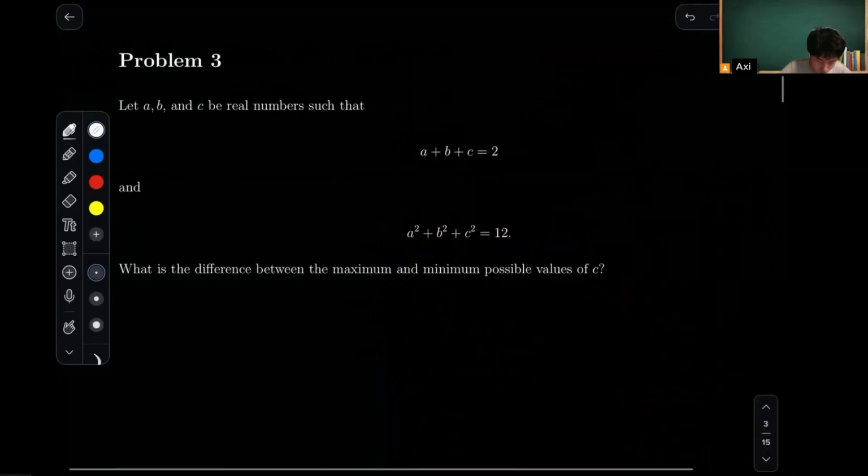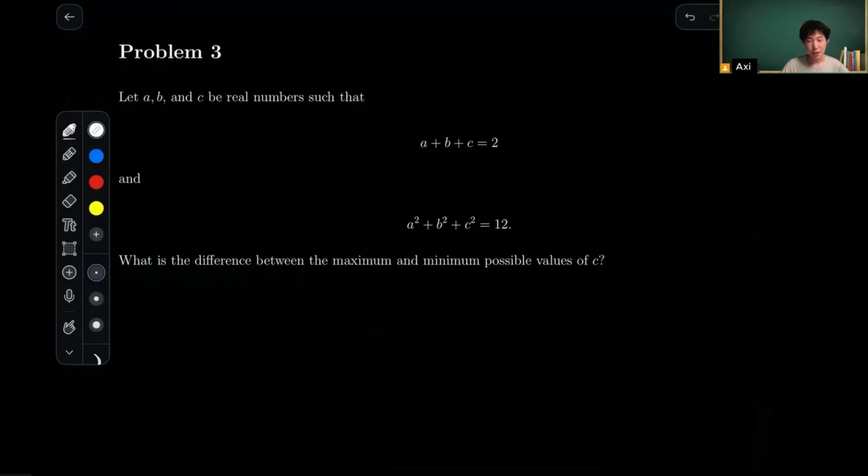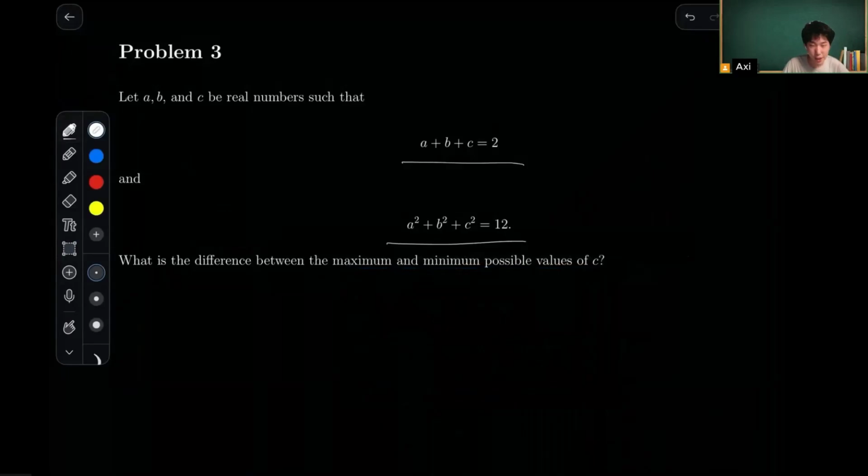Next, let's look at something not very function related, but also related with graphs. Essentially, the problem is asking, we have information like this. We're supposed to find the maximum value and minimum value of C. Let's do some manipulation here first.